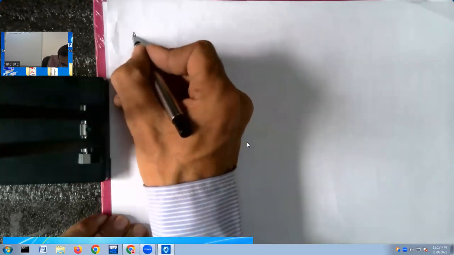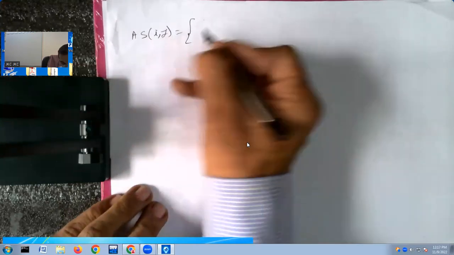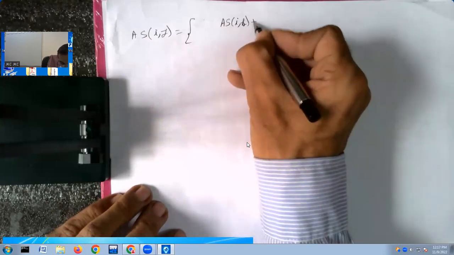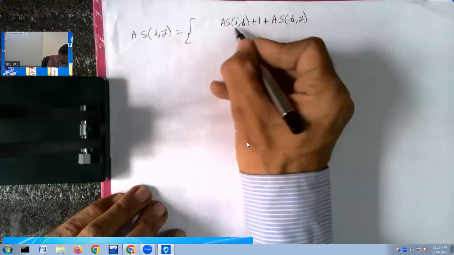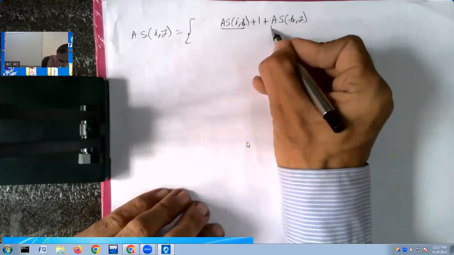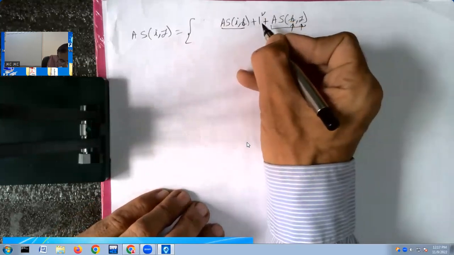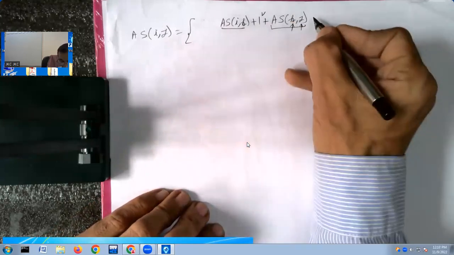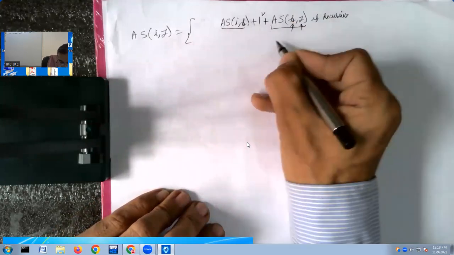So I'll say ASIJ is equal to AS of IK plus 1 plus AS of KJ: activities compatible with AK and AI, activities compatible with AK and AJ, plus one activity. This total count will be the answer if recursive, otherwise the non-recursive one we will find here.